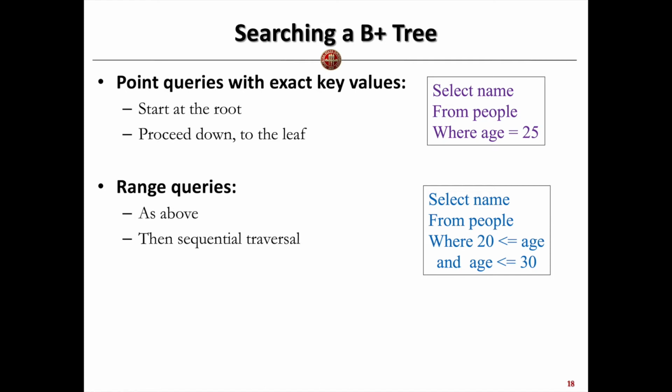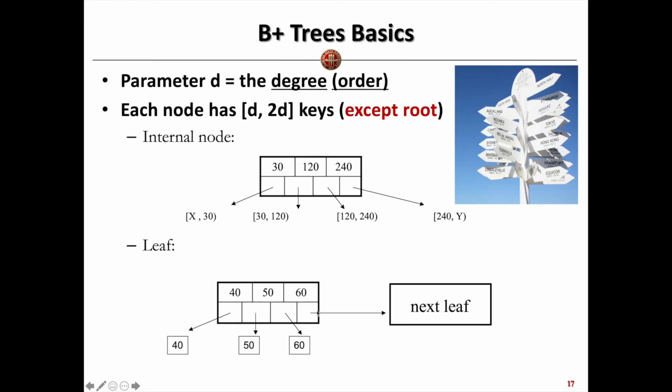The beginning part is very simple, right? It's very similar. We start from the root, proceed down, and we match the records with the number 20 as an example. And if we can find some tuples whose age is no smaller than 20, then we can do the sequential traversal. Because remember, for the leaf nodes, we have this pointer pointing to the right-hand side leaf node.